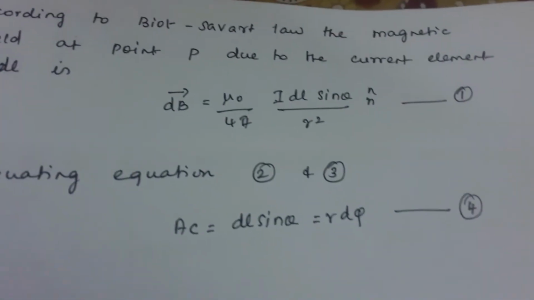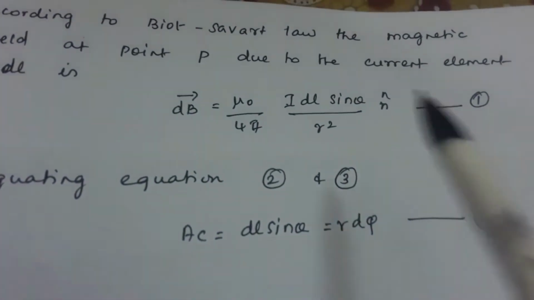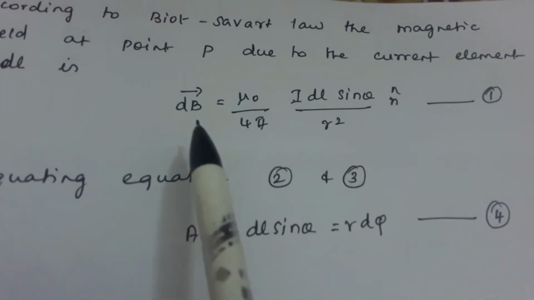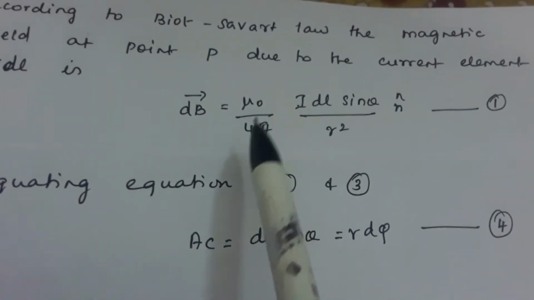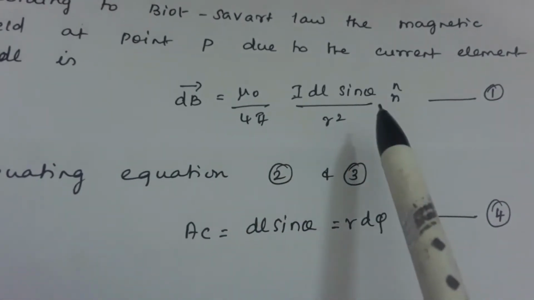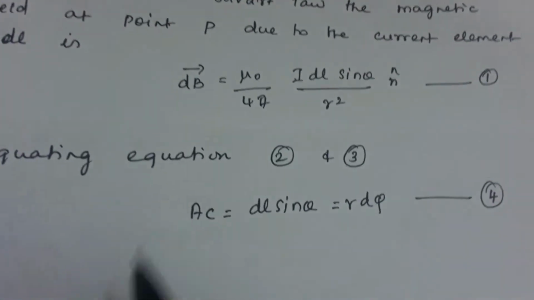I am going to substitute equation 4 in equation 1. You know equation 1 is dB vector is equal to mu 0 by 4 pi, Idl sin theta, n unit vector by r square.